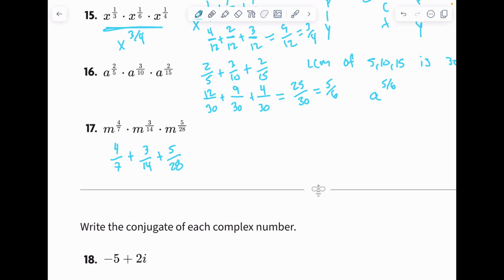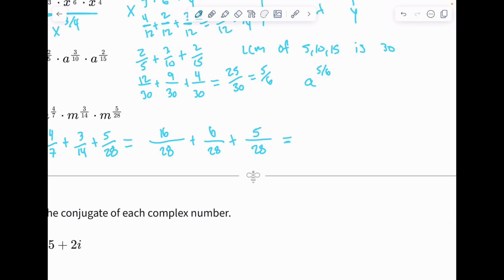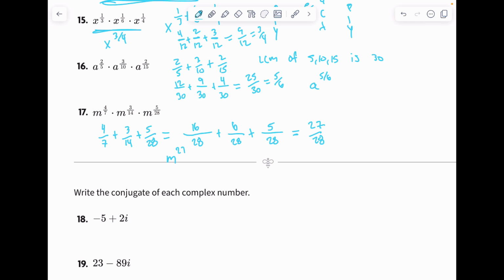My least common multiple of all of these is exactly 28, right? 7 times 4 is 28, so I multiply the top and the bottom by 4 and get 16. 14 times 2 is 28, so I multiply the top and the bottom by 2 and get 6. The last one just stays the same, 5. 16 plus 6 is 22. 22 plus 5 is 27. So this is 27 over 28. So I'm left with m to the 27 over 28.